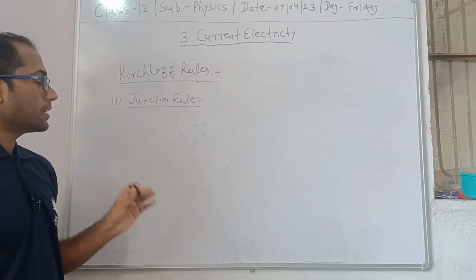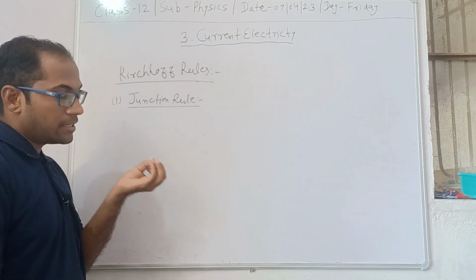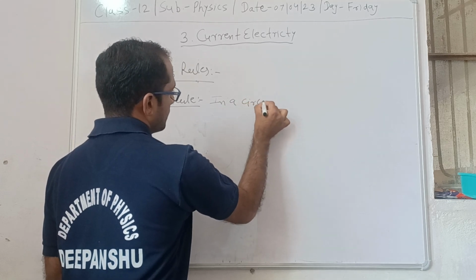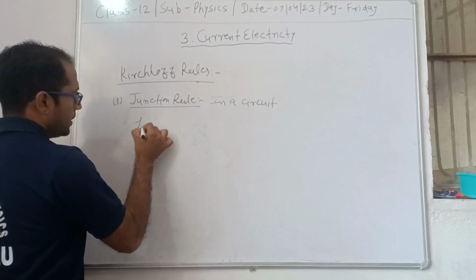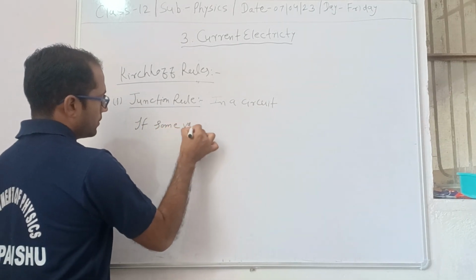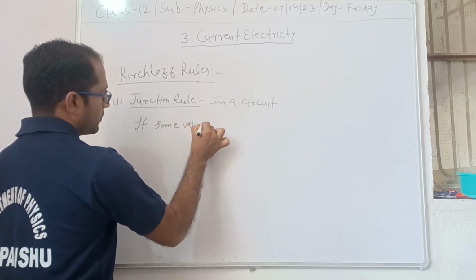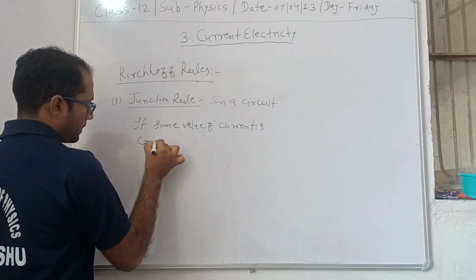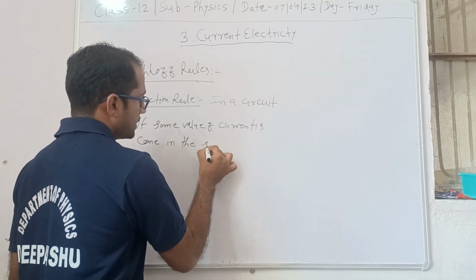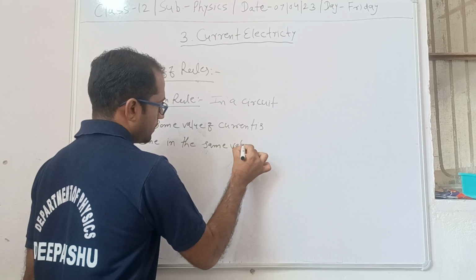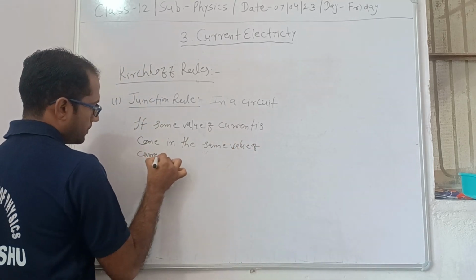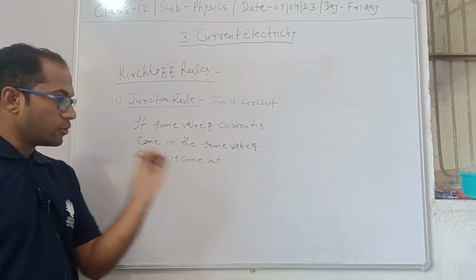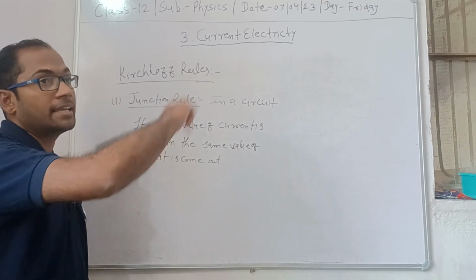Kirchhoff says that if in a circuit some value of current comes in, the same value of current comes out. It means if in a circuit you are flowing a current I of 1 ampere, then you finally get a current of 1 ampere.